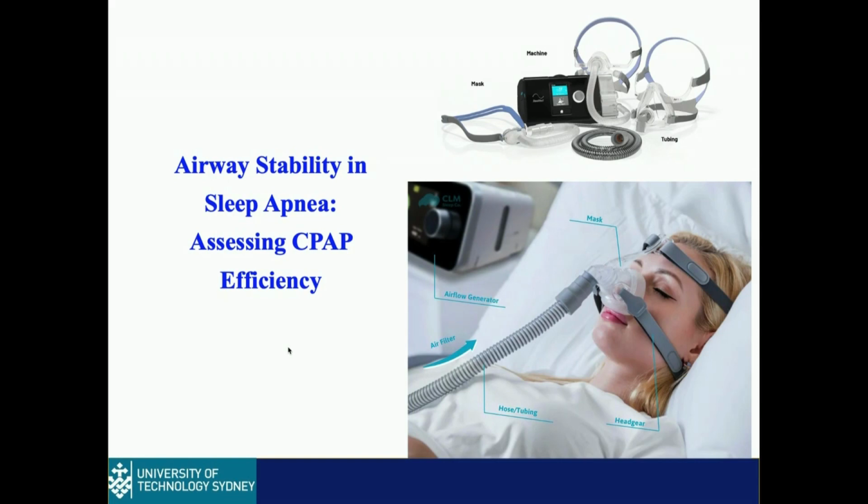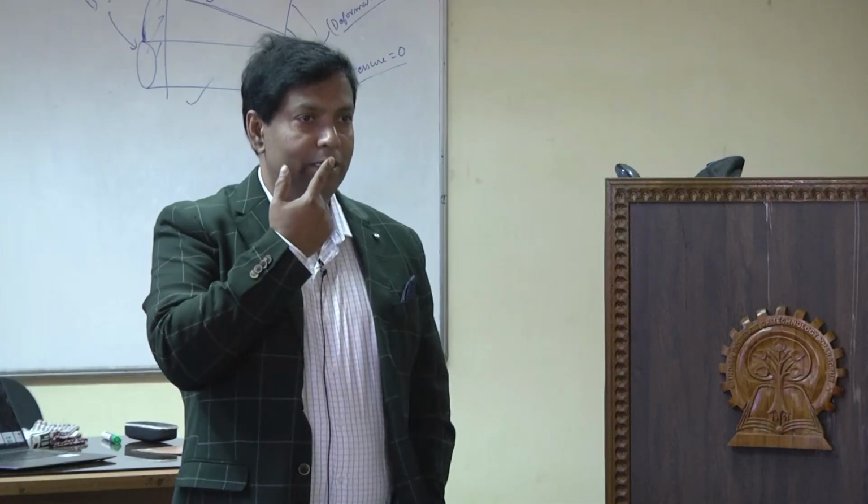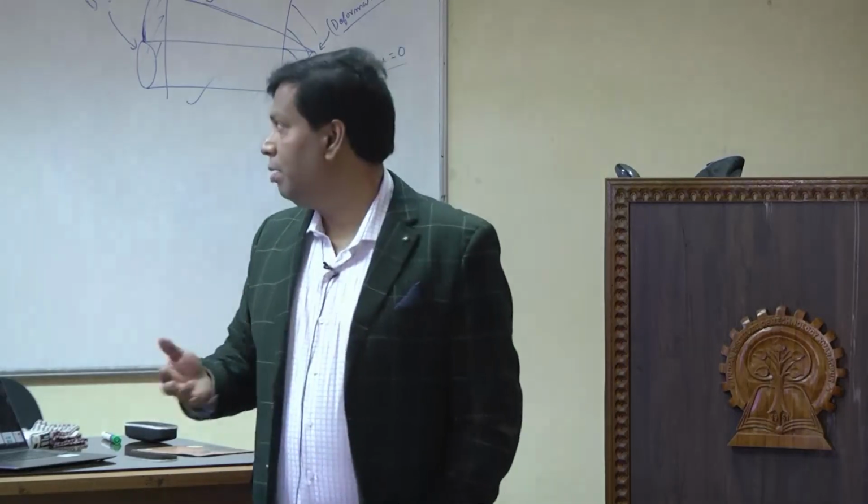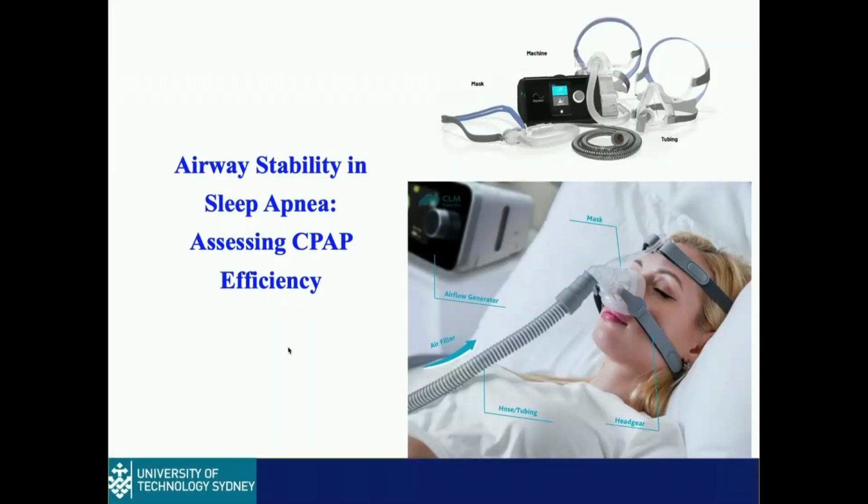They use this mask, which covers only the nose, because some people only breathe through the nose when they are sleeping. Somebody uses both, or somebody uses only the mouth. It depends on the person. Then they give positive pressure, so when you are sleeping your airways become large. So, there is no snoring and you can have a good sleep.